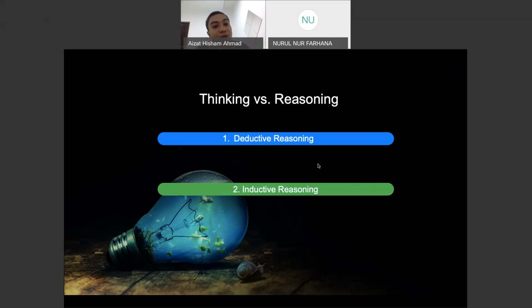So the inductive reasoning here would be that Ahmad will usually prepare his laptop, his internet and everything at 7:45 to make sure that he can log in to his online class every day by 8 a.m. So he doesn't want to be late.